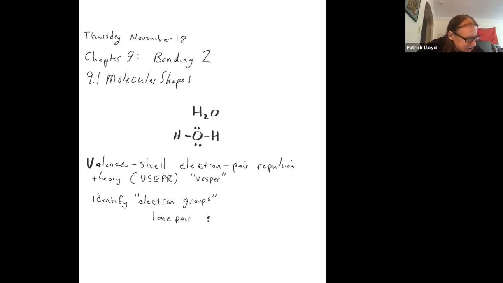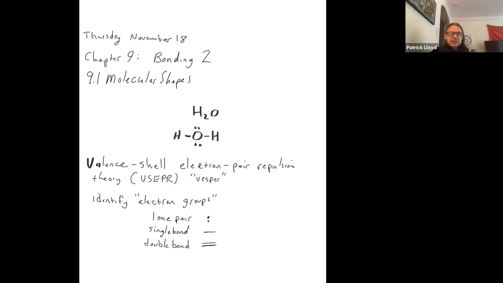So that is considered an electron group. A single bond between two atoms is also considered an electron group. Now, what is important for this idea of the electron groups is to recognize that a double bond is also considered one electron group, not two electron groups, but one, right?